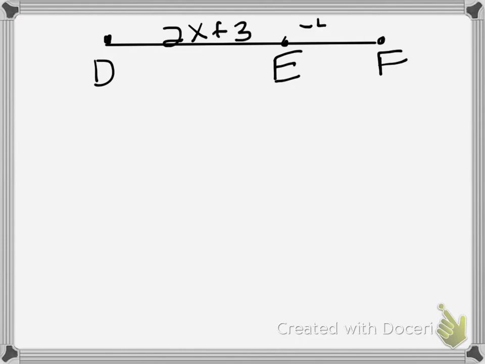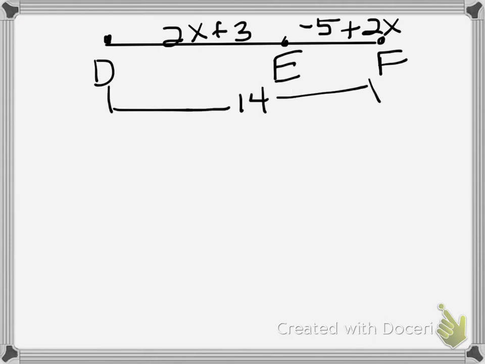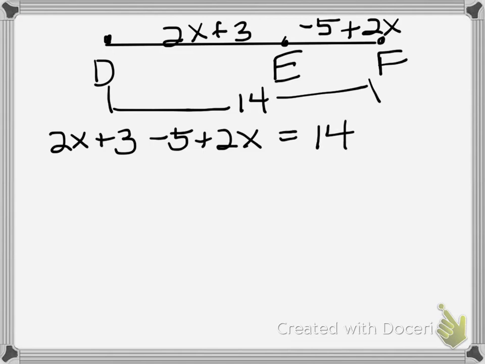EF is negative 5 plus 2x. And the whole thing is 14. Again, we're solving for x, so we're going to set it up. We're going to start with DE, which is 2x plus 3. We're going to add to it EF, which is negative 5 plus 2x. And that's going to give us the total, which is 14.